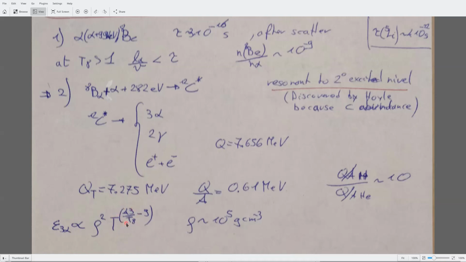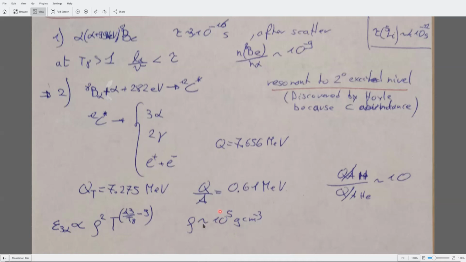But if you see the exponent calculated as before, you approximate the progression in this way, with the temperature to the power 43 divided by the temperature in hundreds of millions. So it's 1, 2. This means that this exponent is between 20 and 30. It's really, really strongly dependent.